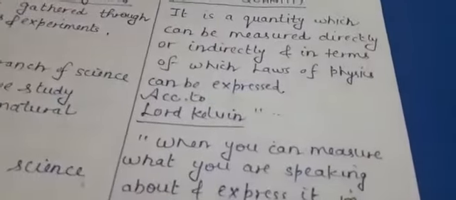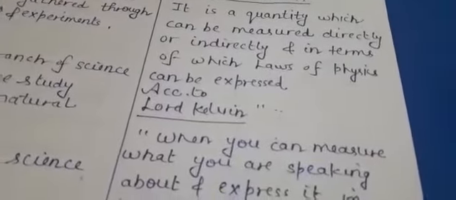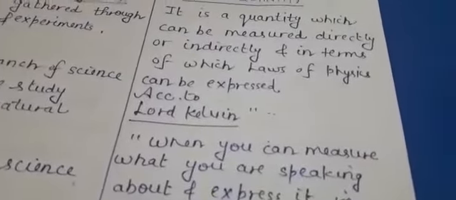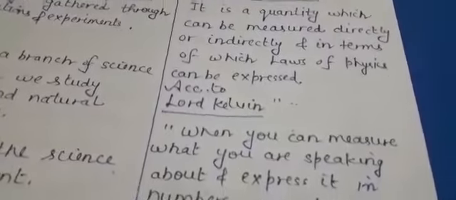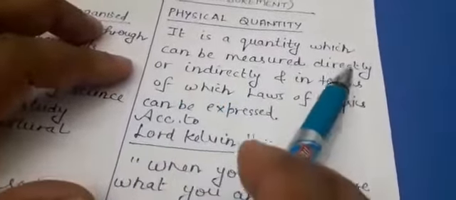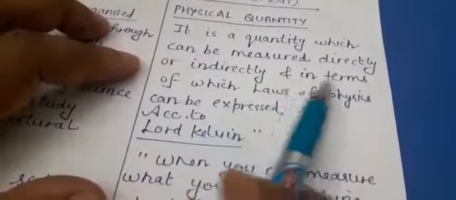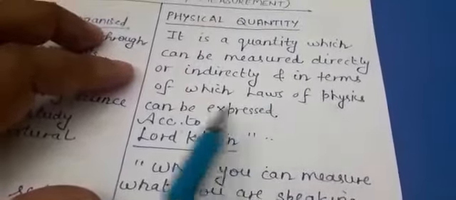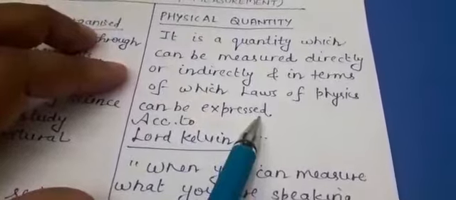So basically this is the indirect method, in which we cannot use a direct tool for measuring a physical quantity. Then we have to use a certain formula, some indirect method. So what you have to learn in this definition is simply that a physical quantity can be measured directly or indirectly, and in terms of it the laws of physics can be expressed.